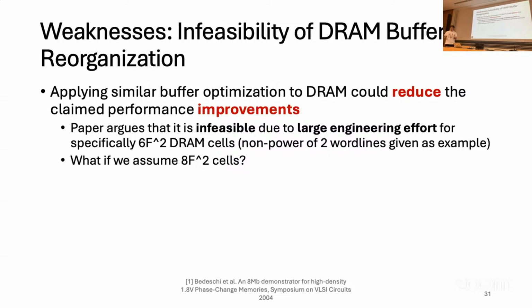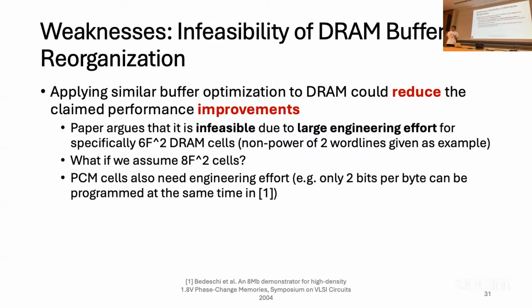with the best performing PCM configuration, right? And lastly, I think an argument can also be made that PCM needs a lot of engineering effort. Designing PCM is not easy, I would say. To give you an example of unconventional designs, I have read one of the prototype papers, and in this particular one, they say that only 2 bits per byte can be written at the same time due to reliability issues.